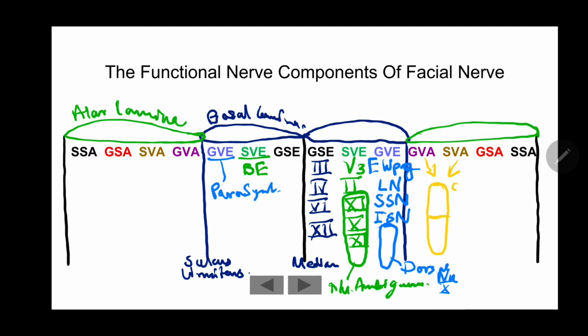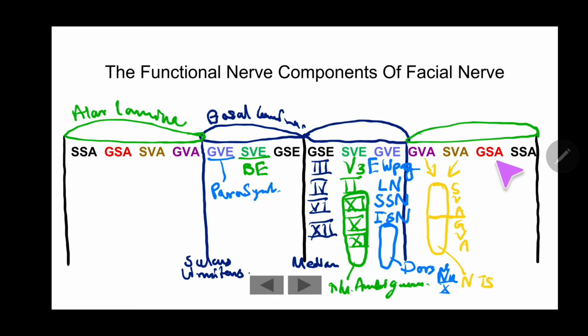So remember that special visceral afferent fibers relay in the upper portion, while the general visceral afferent fibers relay down in the lower portion of the nucleus, and this nucleus is the nucleus of tractus solitarius. Okay, the combined nucleus of the two, general visceral and special visceral afferents.